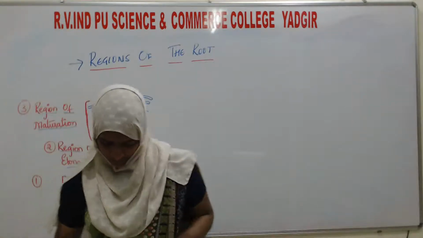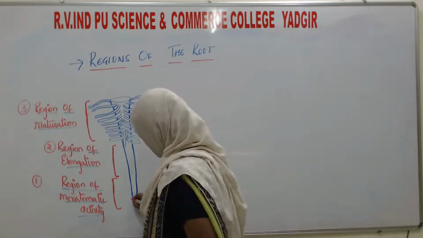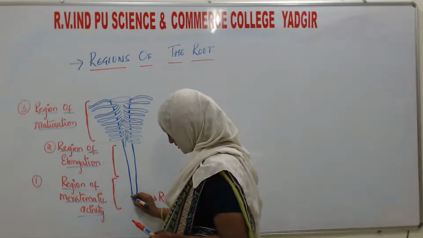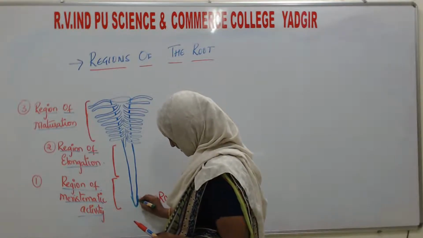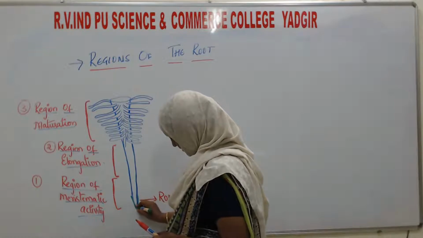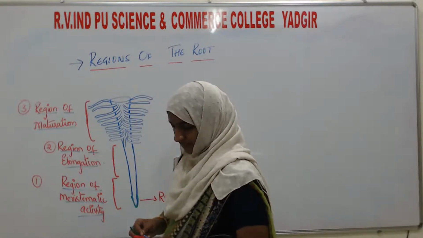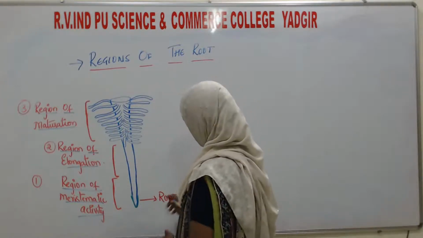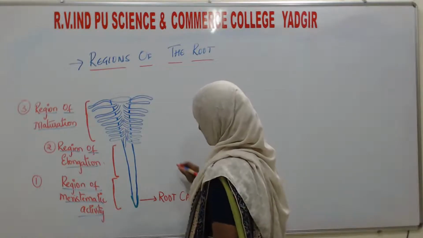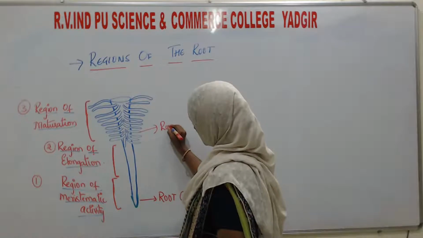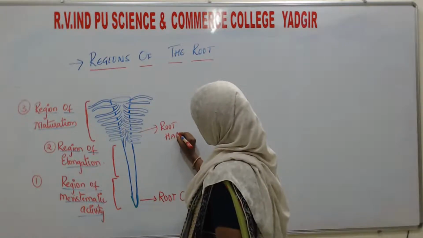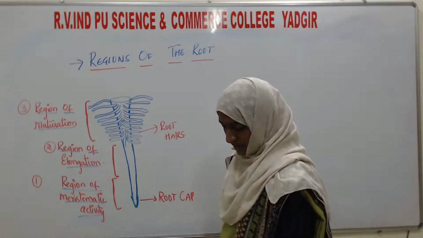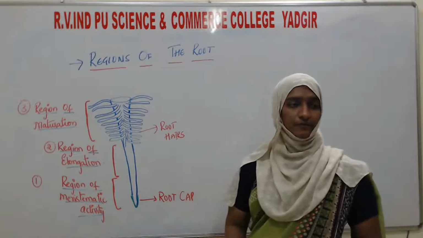Here there is also one more thing at the tip, this one is the root cap. These are the root hairs. This is about the different regions of the roots.